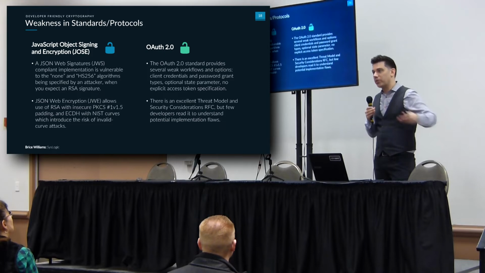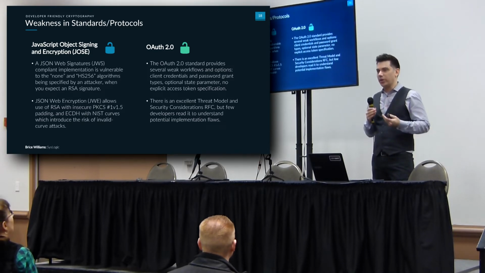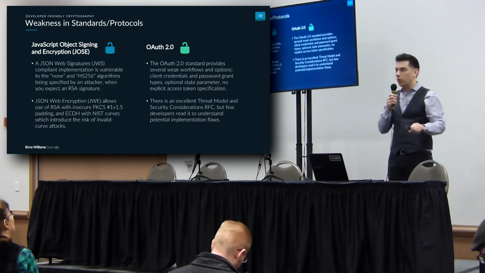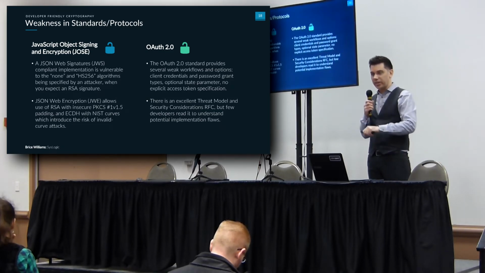As an attacker, you can pass those in when in reality you're expecting an RSA signature, and it's able to kind of work with those. It's a fairly well-known attack vector by now. So you want to make sure not only are you using a standards-compliant implementation, but that it's also aware of these weaknesses and has put in extra safeguards to protect against them.